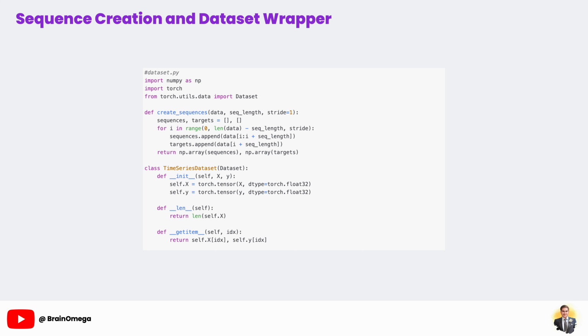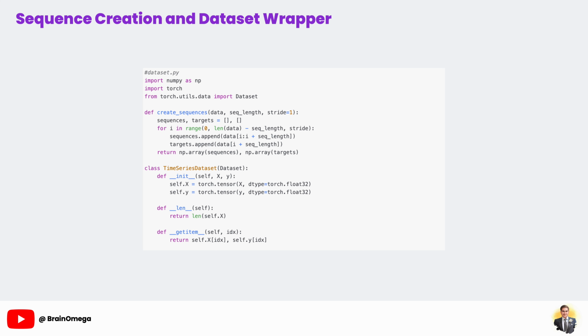One of the biggest challenges in time series analysis is structuring the data so that the model can learn patterns over time. In our dataset.py, we address this with two main components: a sequence creator and a PyTorch dataset class. First, we have a function called createSequences.